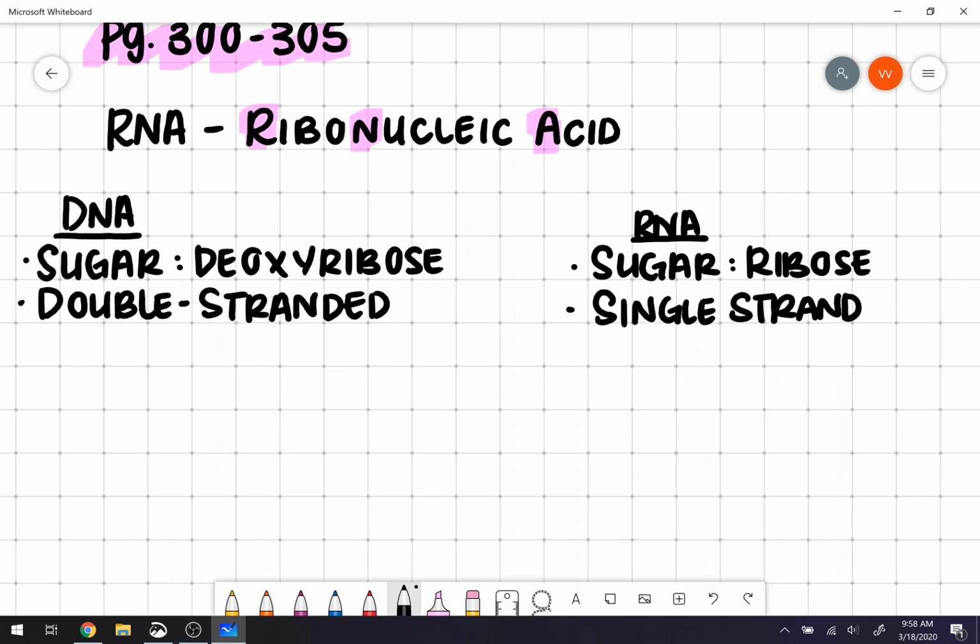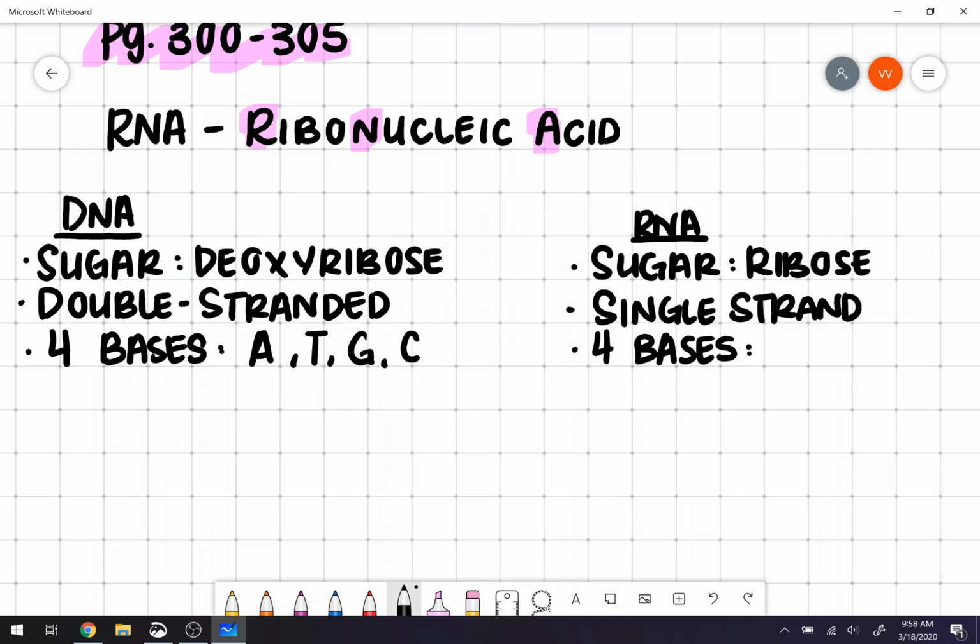Okay, for DNA, your four bases are adenine, thymine, guanine, and cytosine, while in RNA, your four bases are adenine, uracil, guanine, cytosine.